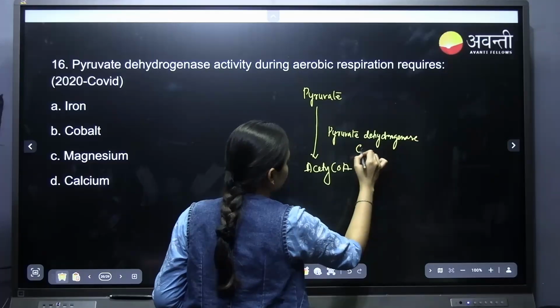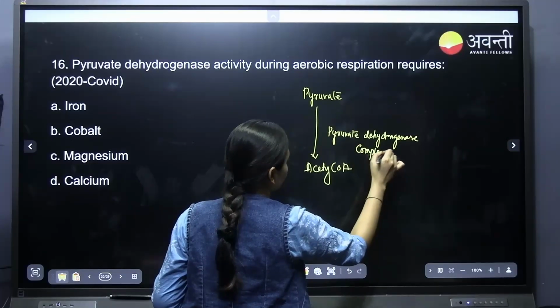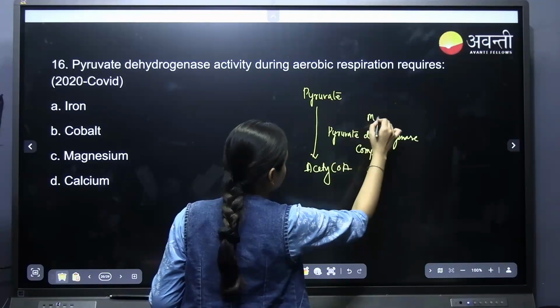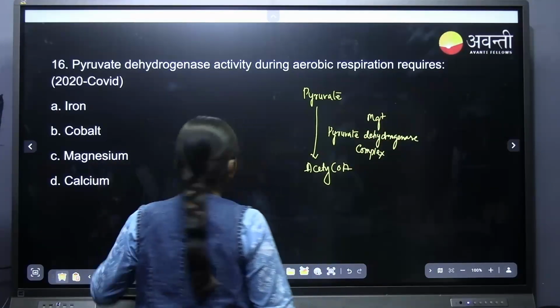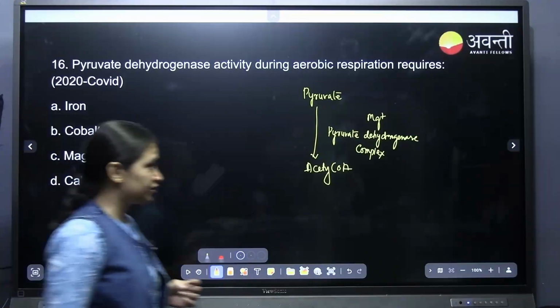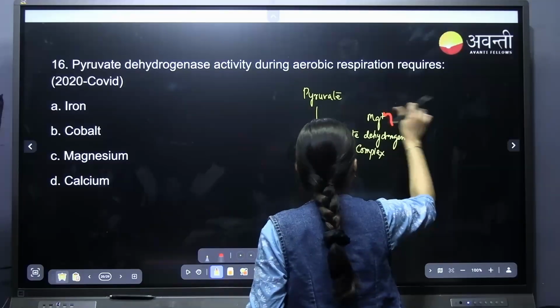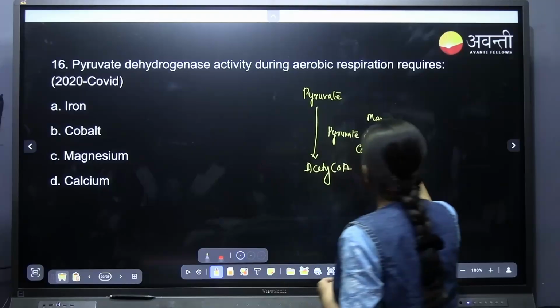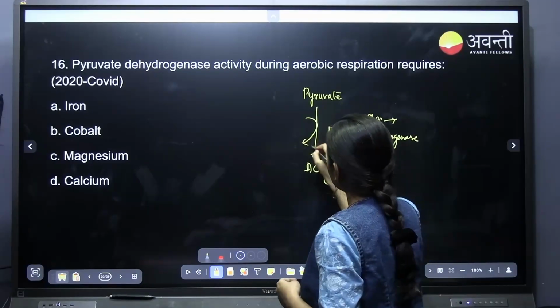Actually this is a complex, and many things come into the picture. One of the main things used here is the cofactor magnesium ion. Magnesium is used as a cofactor.